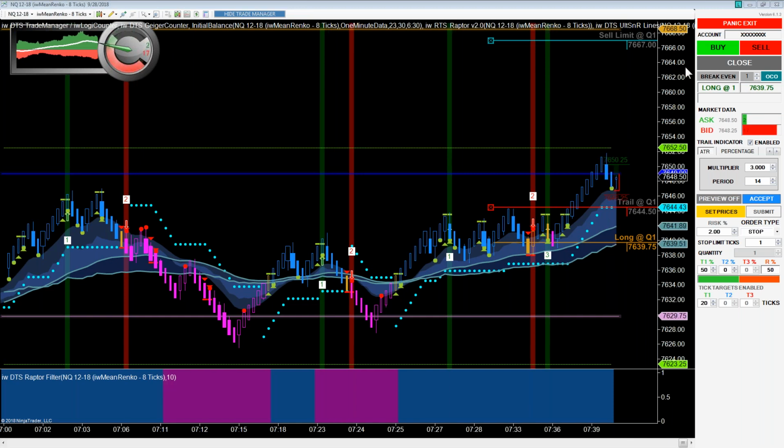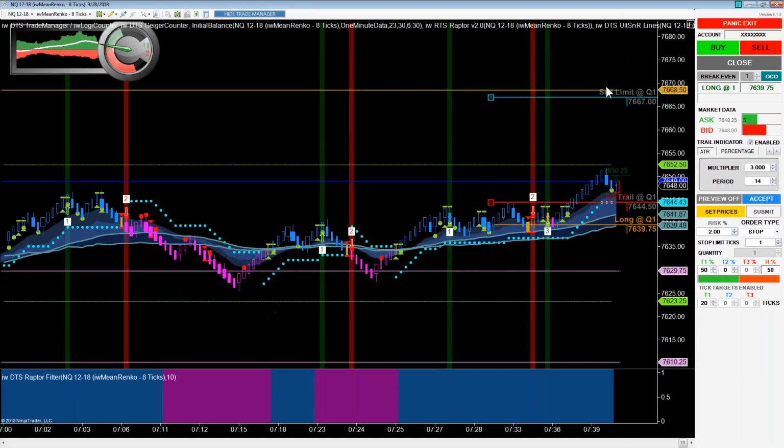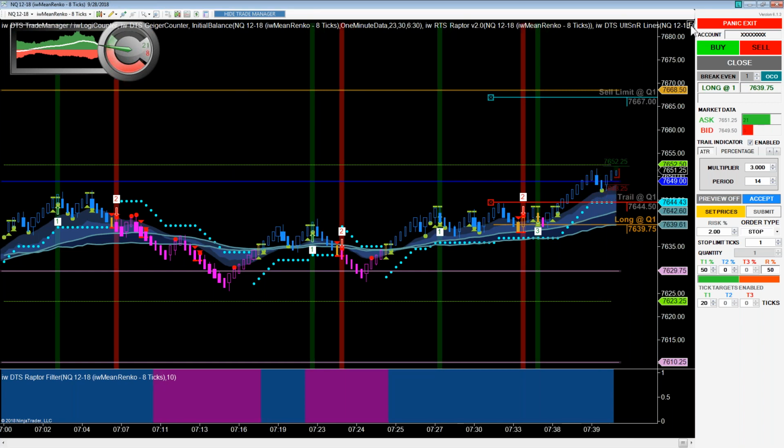In which case, the median line, that's that gold line right there, definitely comes into play.